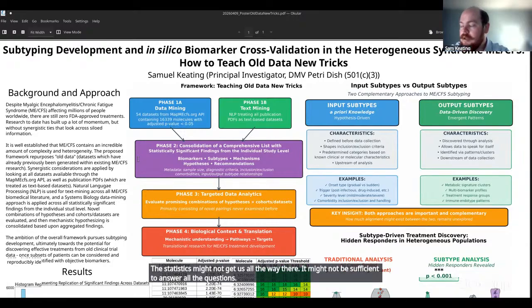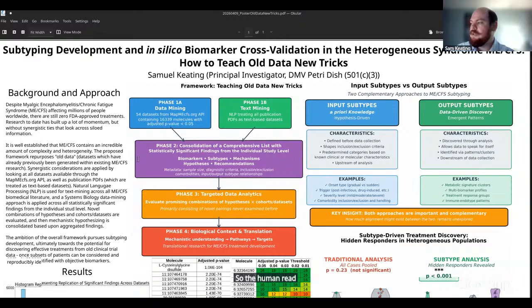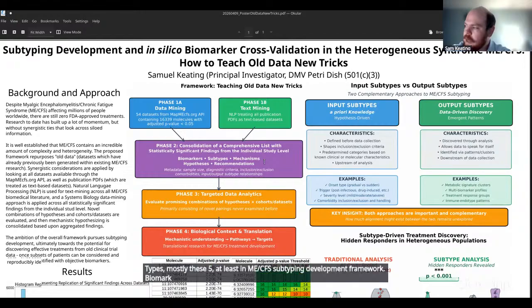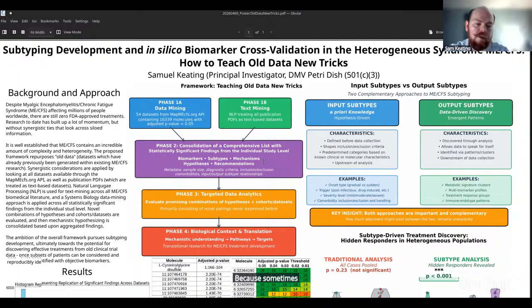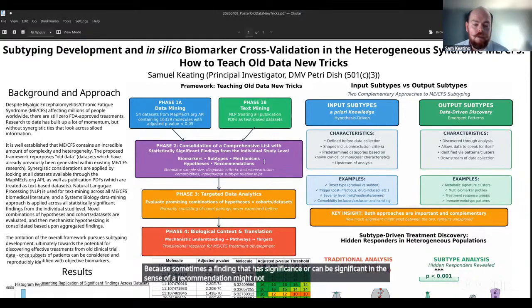So the human readable table takes those biodata types, mostly these five, at least in MECFS subtyping development framework: biomarkers, subtypes, mechanisms, hypotheses, and even recommendations. Because sometimes a finding that can be significant in the sense of a recommendation might not have a p-value.